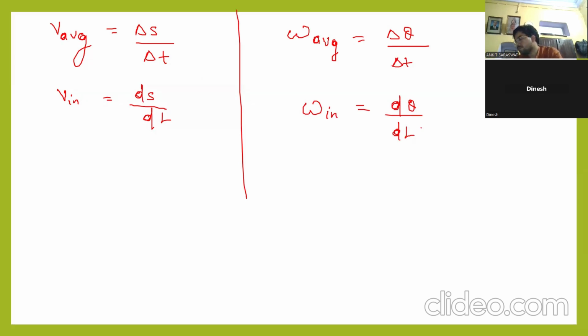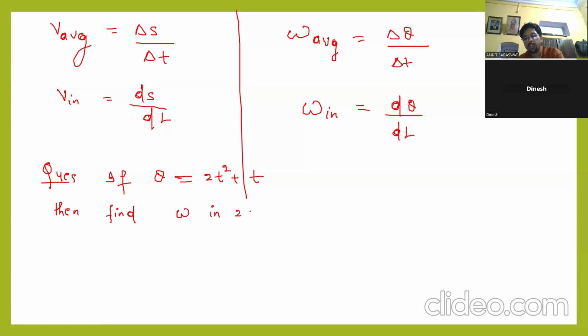One small question. Write down the question: if theta, the angular displacement, is given as 2t square plus t, then find omega in 2 seconds, first part.